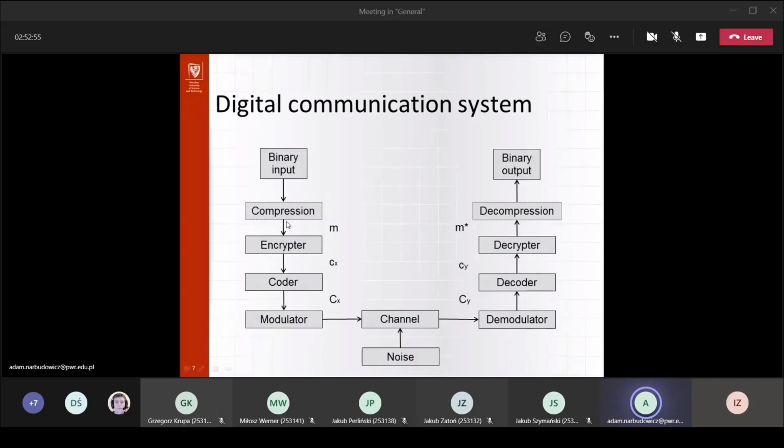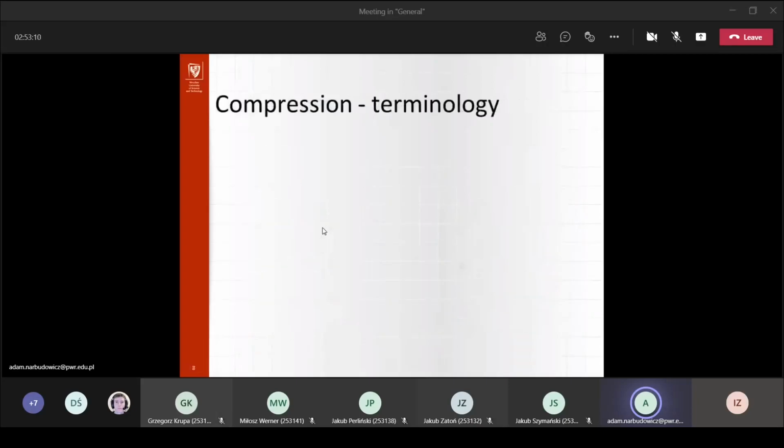Normally those two components would be part of our source coding, or source coder. Then there is the channel coder, the modulator, the channel noise, and the reverse process happens on the receiver, right?